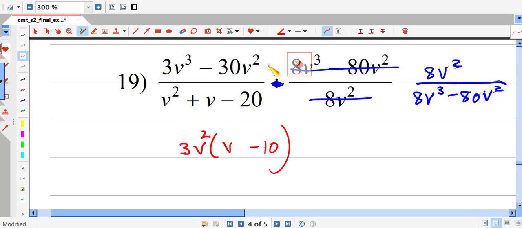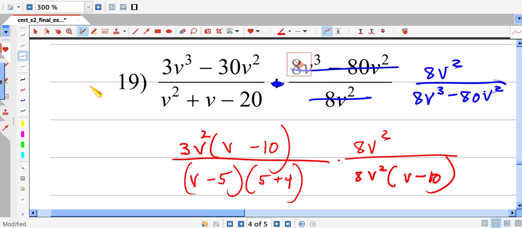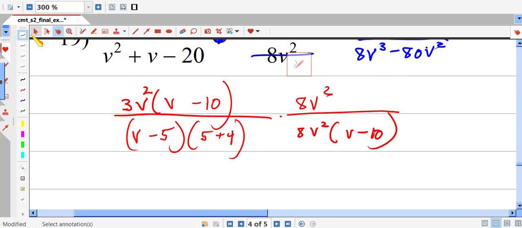The denominator here, I need two numbers that multiply to be negative 20 and add up to 1. That would be v minus 5 and v plus 4. Then over here, 8v squared is already factored. And then here, I can factor out 8v squared times v minus 10. Now I look at numerators and denominators and cross out common factors.